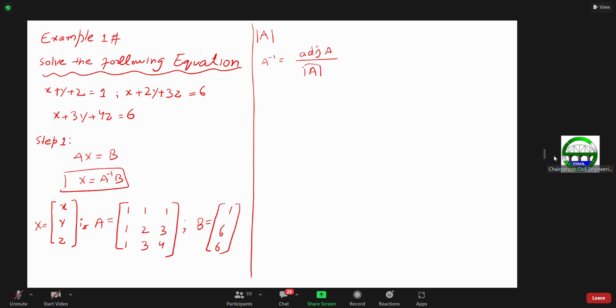So first we need the determinant of A, and if the determinant of A is not equal to 0, then we can say that A inverse is possible, right?